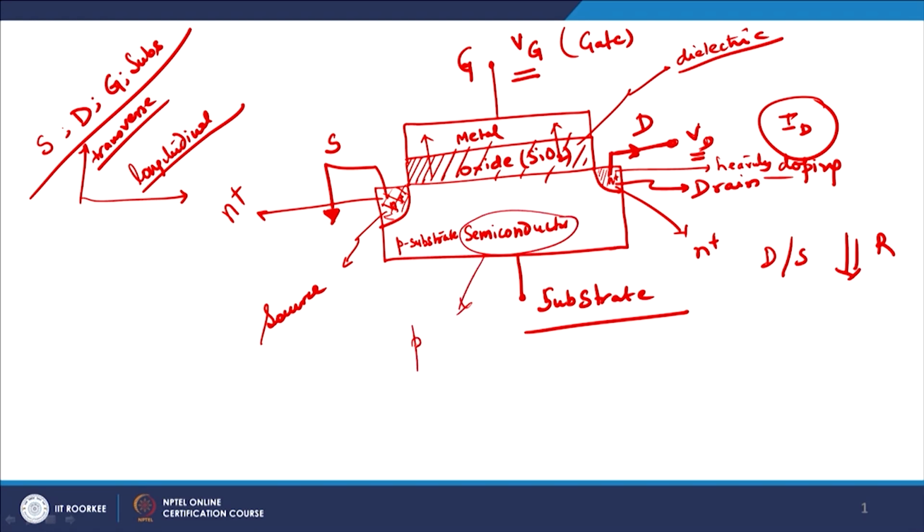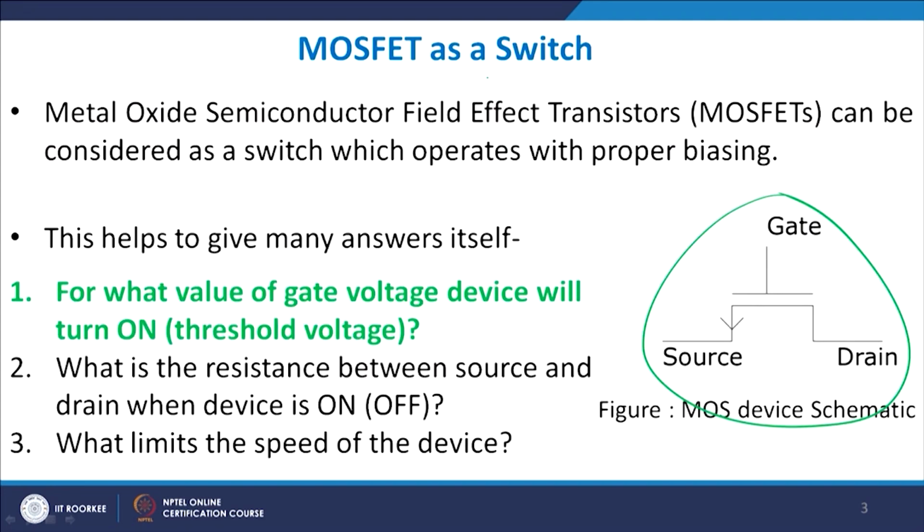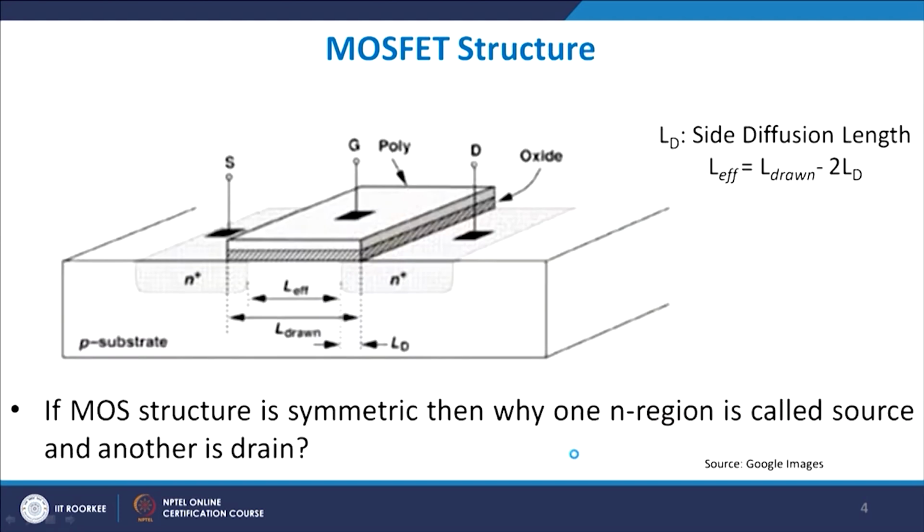You see this drain, you apply a potential VD here, you apply a potential VG here, and generally the source is grounded, right. So, 1, 2, 3 terminals; we are not looking at the substrate at this point, but we will see how it works out. From the basic concept, if you look at the MOSFET structure now, it looks exactly like what you see in front of you, right.